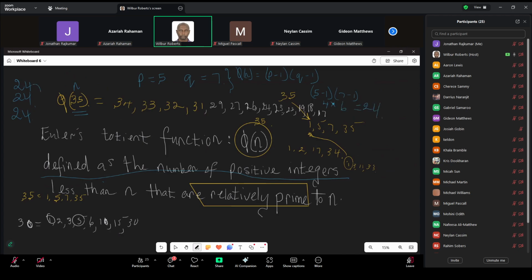So the people who got 24, good. If we are finding psi n, and n can be expressed as a product of two prime numbers P and Q, then psi n is easy to find. So if I say to find psi 55, I'll have to repeat that just now.